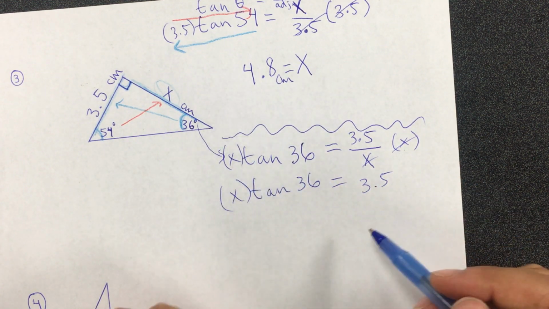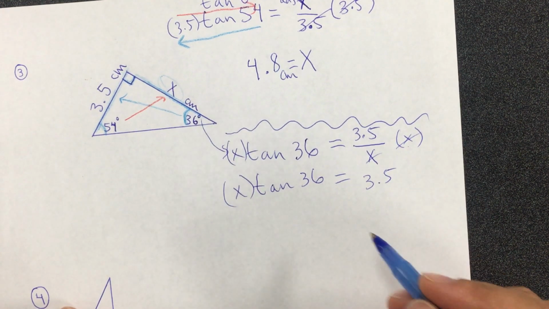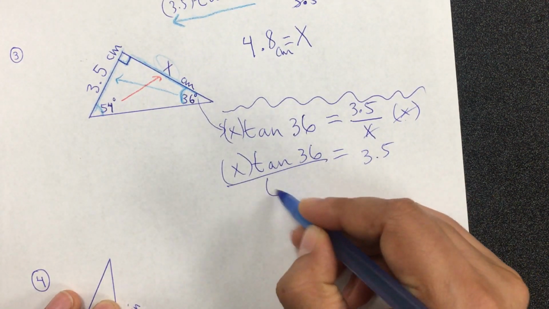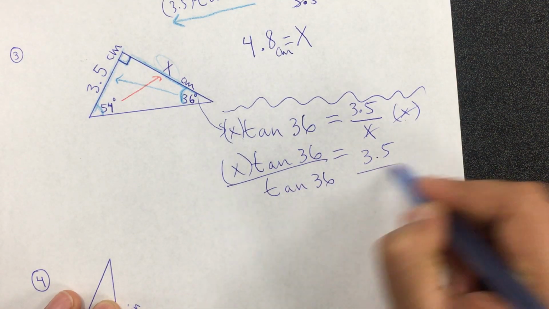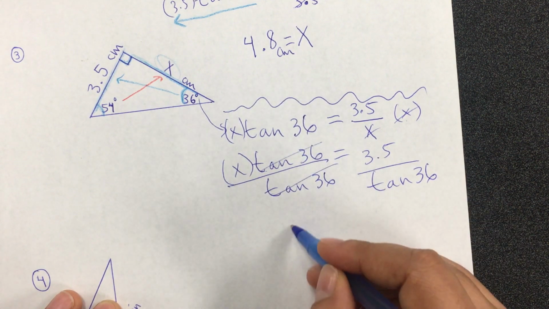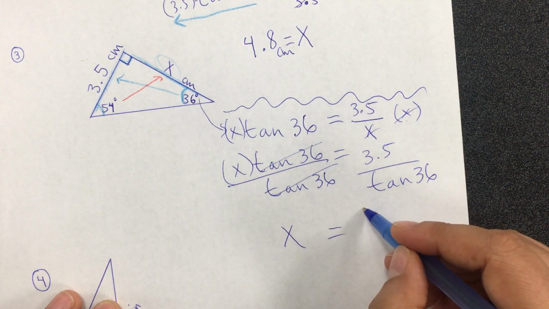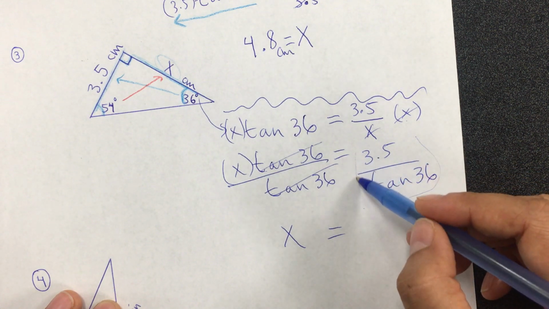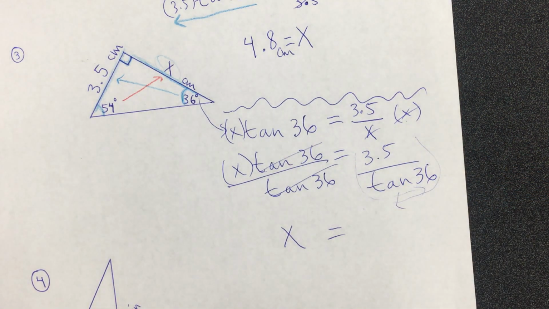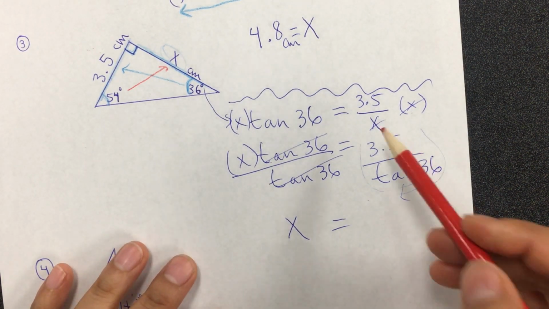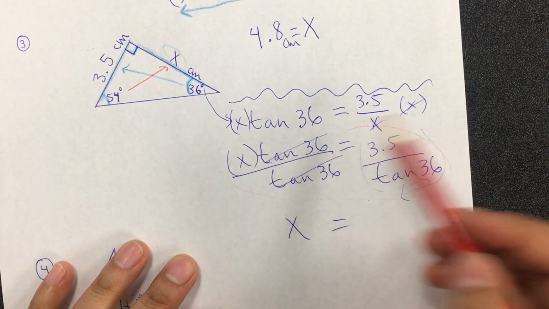Because we cancel it by multiplying. But what we want to do is leave x by itself. So we're going to divide by tangent of 36, both sides. This cancels, and x equals, and then we can just go this way or go this way, okay? Depending on the calculator. Also, I want you to notice something that you can do to skip all these steps.